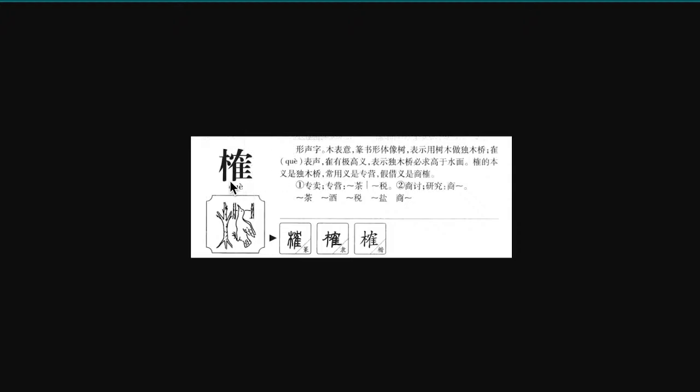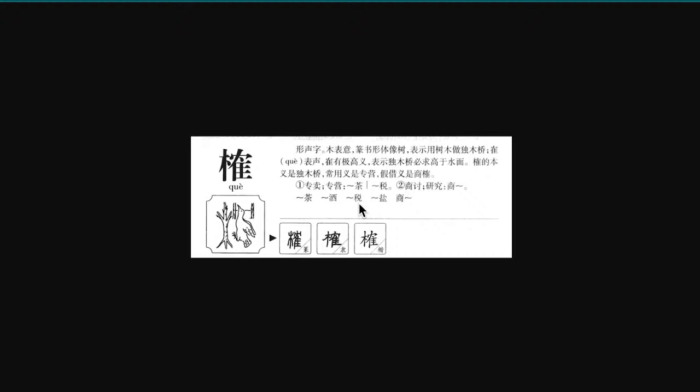Okay, and the wood radical means that this thing is made out of wood. I think this is because it's made out of a single wood, so it emphasizes the single.